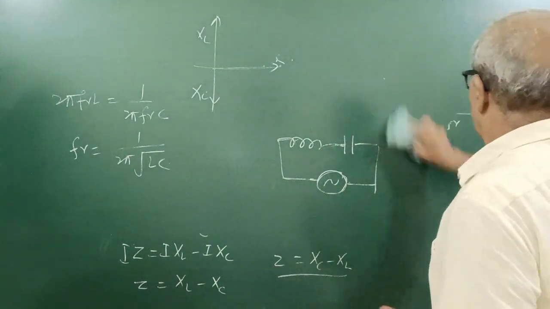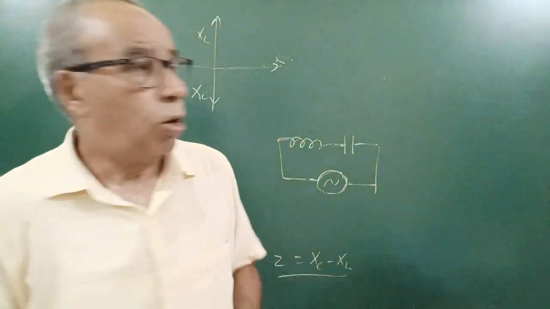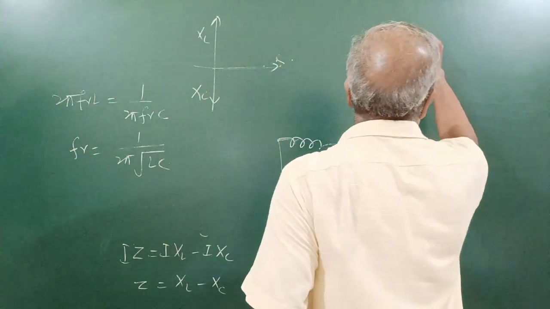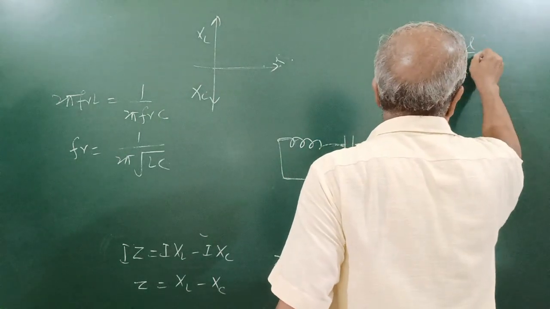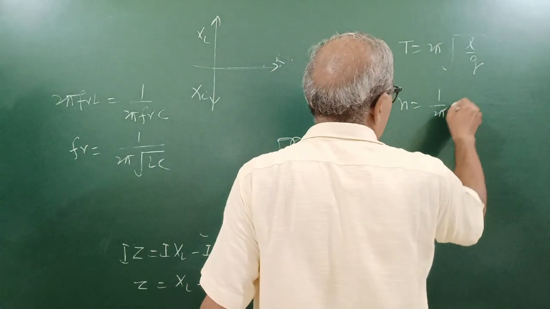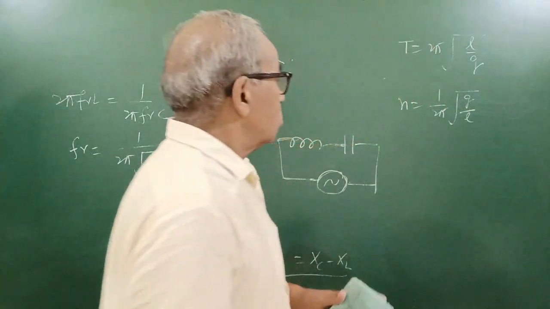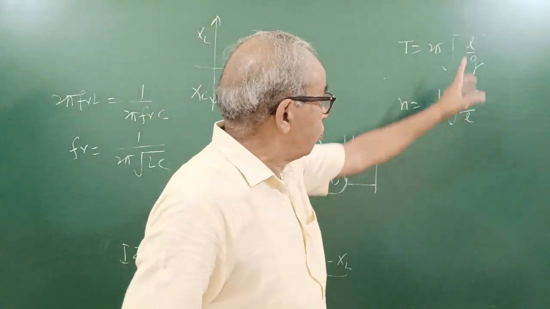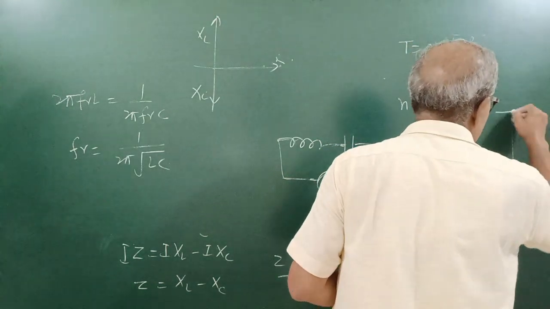Students cannot understand natural frequency, so I'm giving one more example. You have seen strings or a simple pendulum. The time period of a pendulum is 2 pi under root L over G, or frequency n equals 1 upon 2 pi under root G by L. So this frequency of the pendulum depends on the length L of the pendulum.